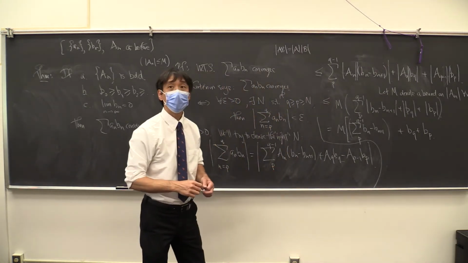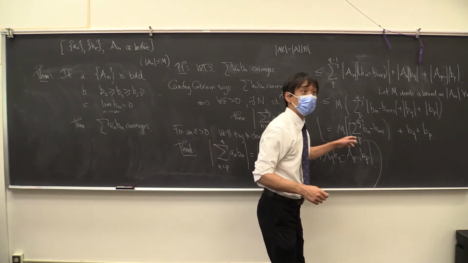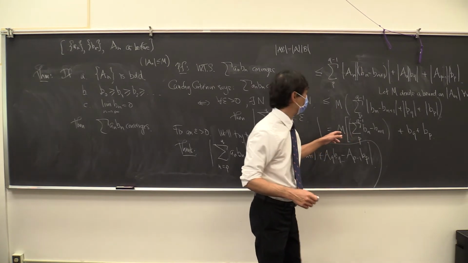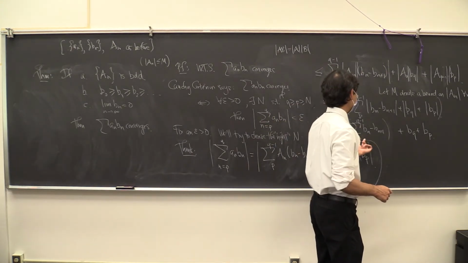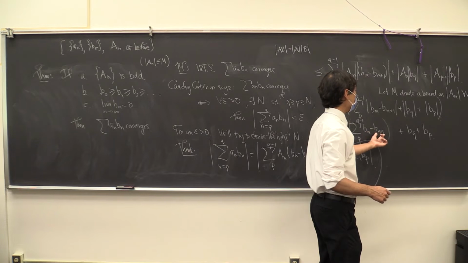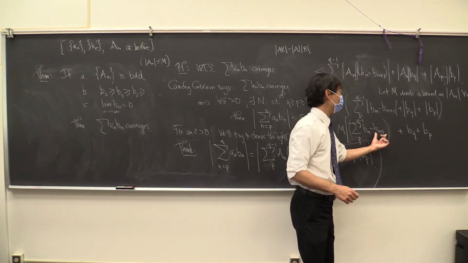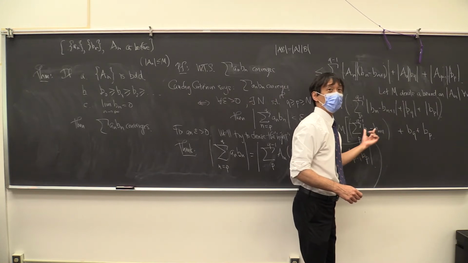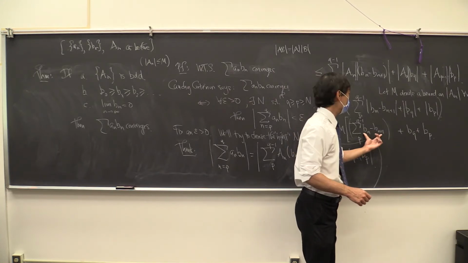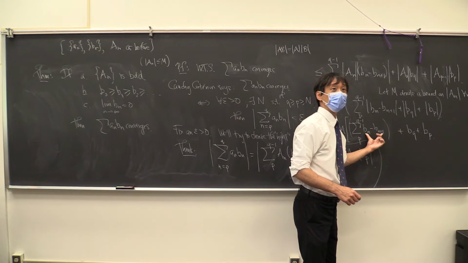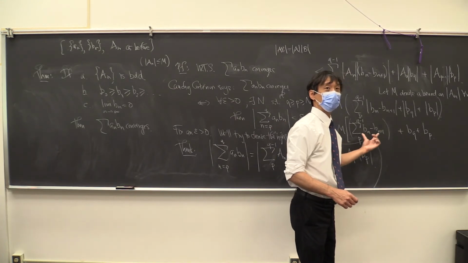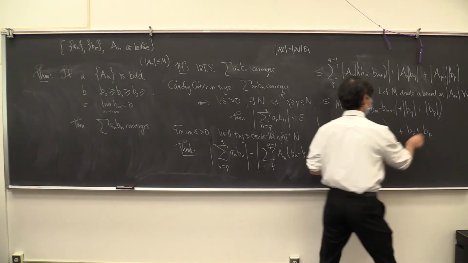Okay. But you see what's going to happen? Questions? You see what's happening here? We're going to have b sub p minus b sub p plus 1. And then we're going to add on b sub p plus 1, subtract off b sub p plus 2, and so on and so forth. So this is a telescoping series. It's going to collapse. Do I need to write that up?